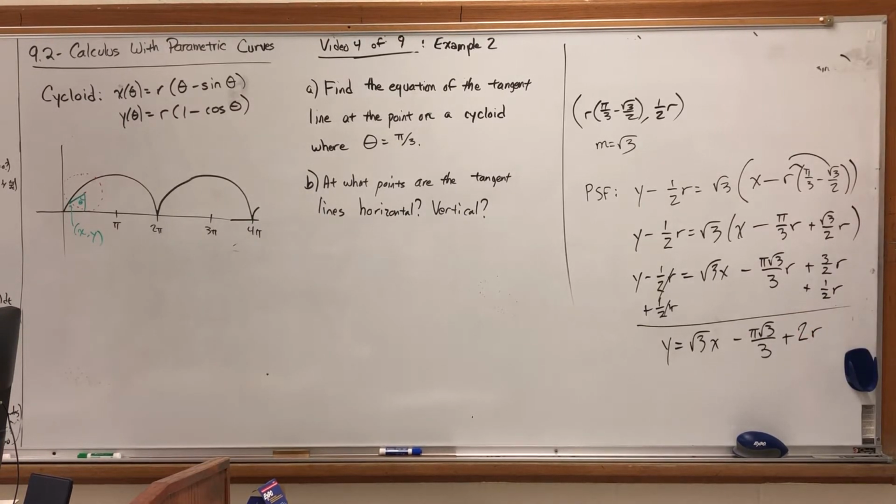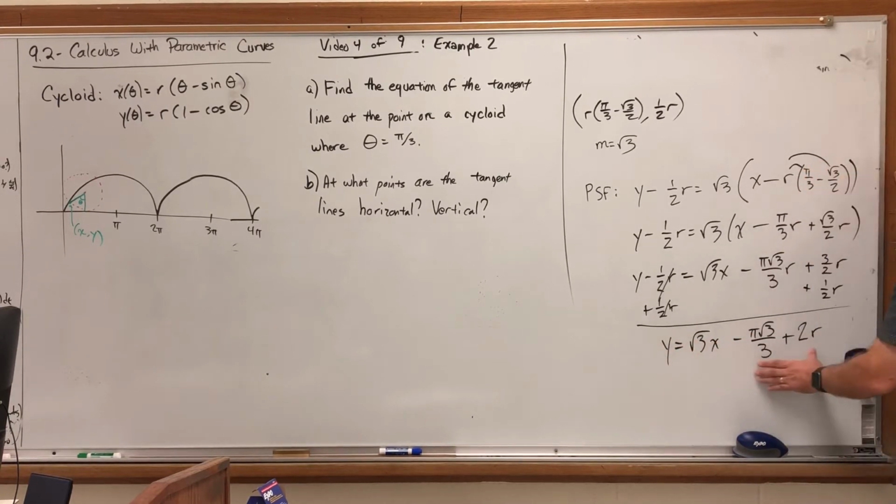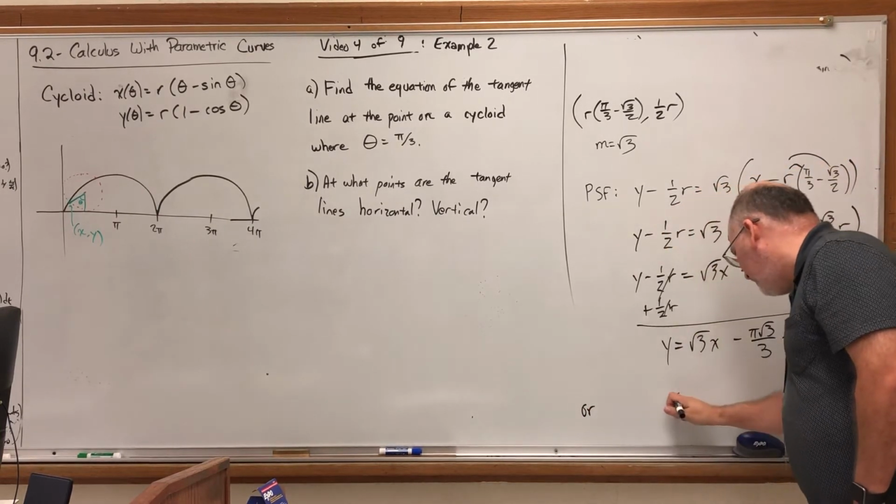There are other forms we could get it in. We could get it in standard form by moving the x and the y on one side of the equal sign and everything else on the other. Possibly clear out fractions, but I think the only other pretty version of this would be to move the y over here. That'll make it negative. Move all these over here, and then multiply everything by 3. If we did that, let's just keep track of everything.